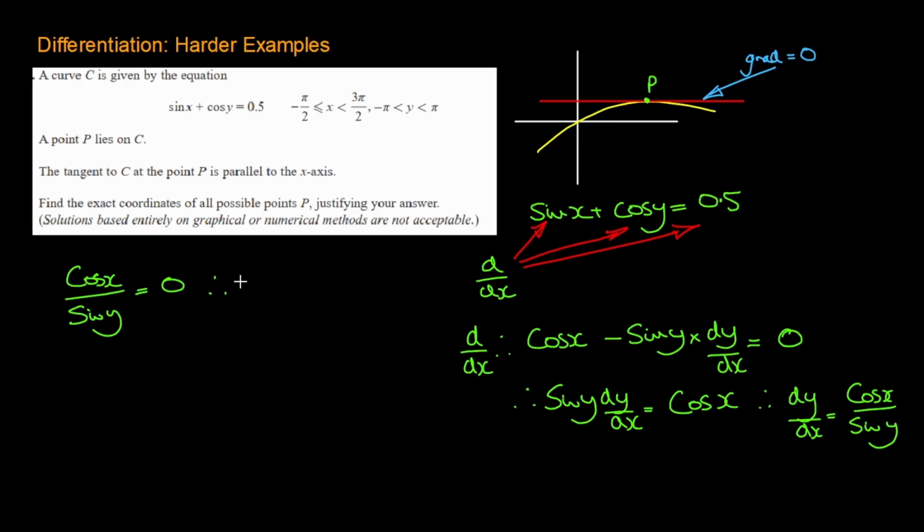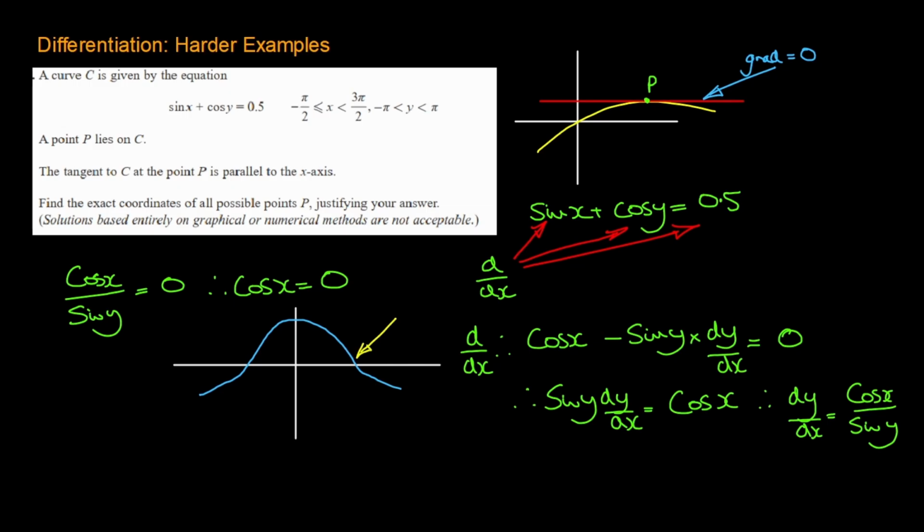The cosine wave very roughly looks like that. The first zero crossing point in a positive x direction is 90 degrees, so this is pi by 2 radians, and this point going in a negative direction is negative pi by 2. If we look at our restrictions, we just get in on the negative side, so this is a solution, and this one certainly is a solution as well.